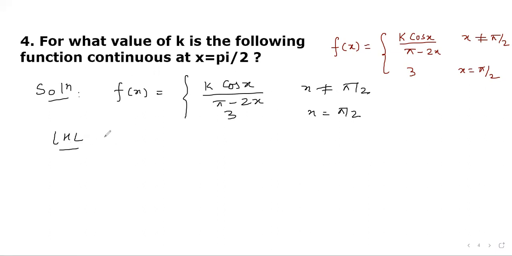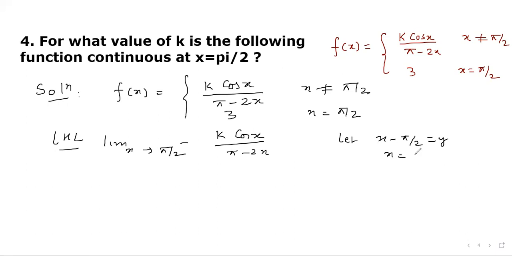LHL: limit x tends to pi by 2 minus k cos x divided by pi minus 2x. Let x minus pi by 2 equal to y, or x equal to y plus pi by 2.